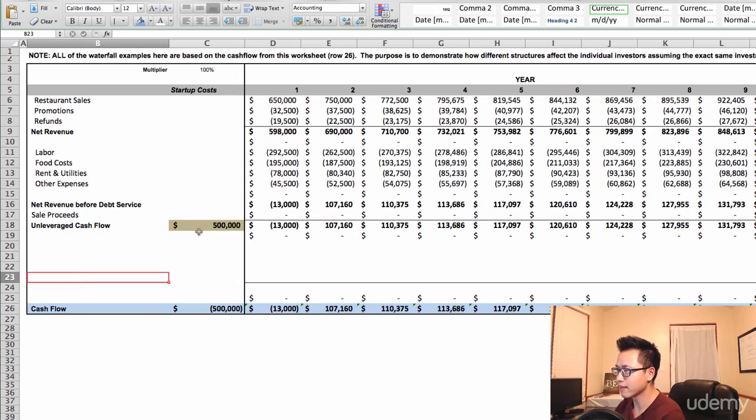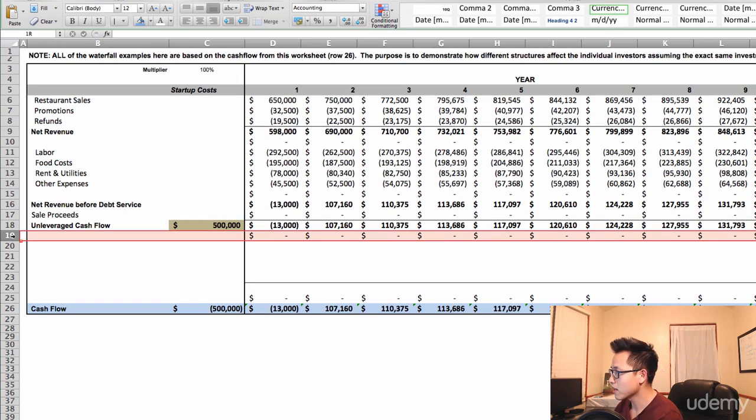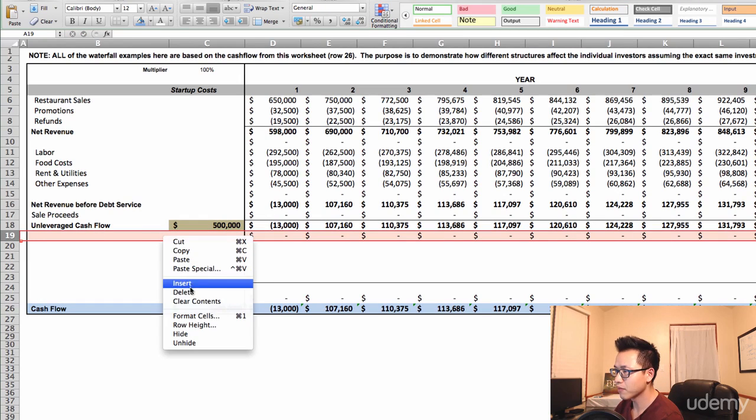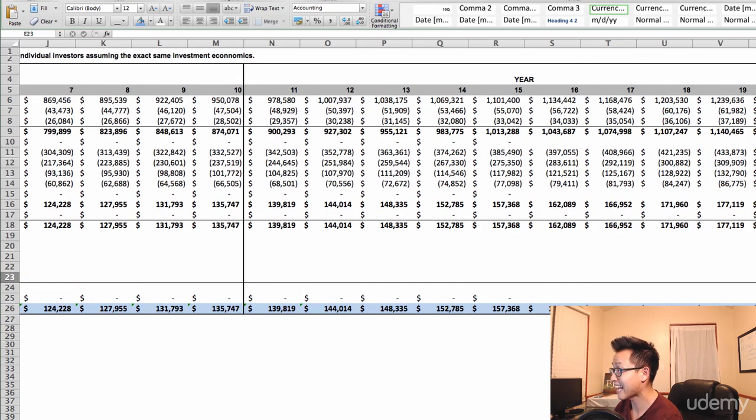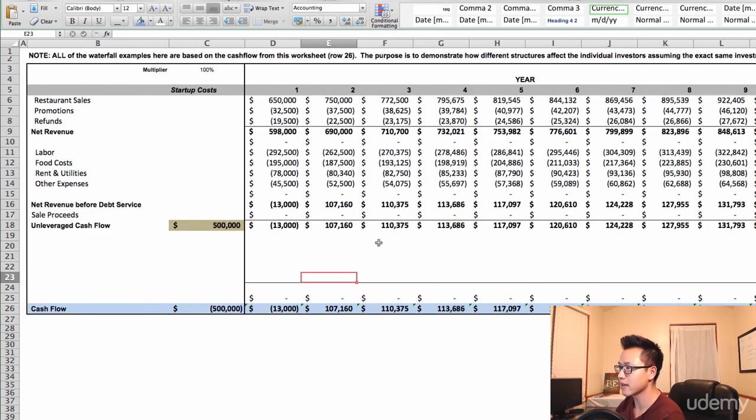I'm taking out all debt. So basically, I just modified what we had in the original model to some economics that would reflect, say, a restaurant startup. Let's take a look at what that would look like and how you would go about doing something like that.